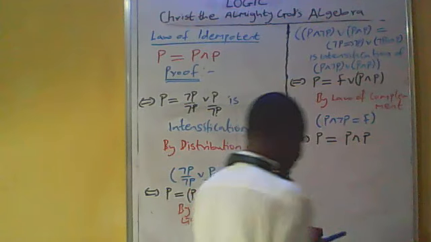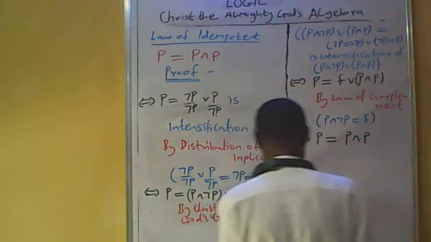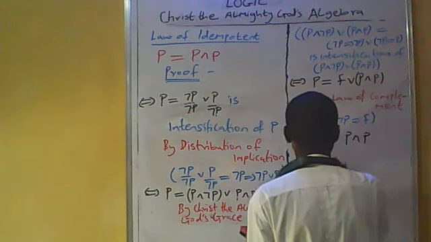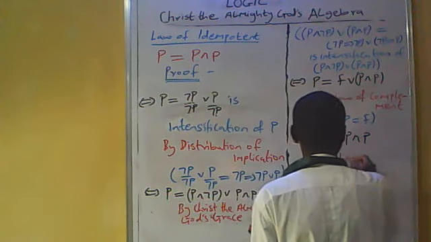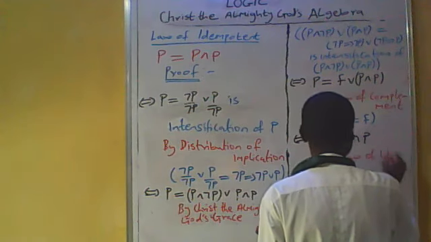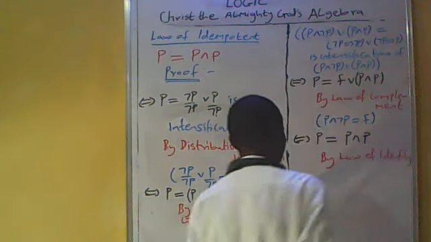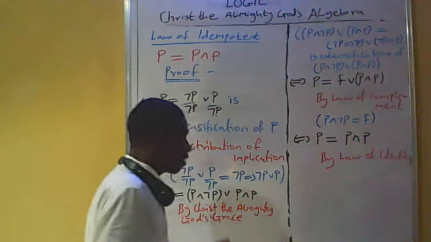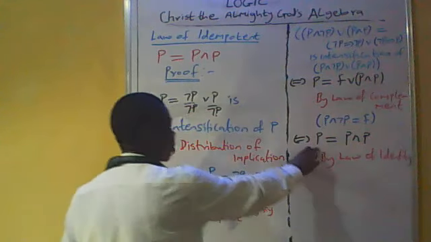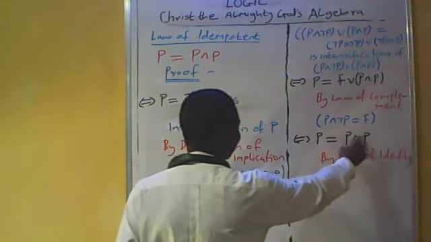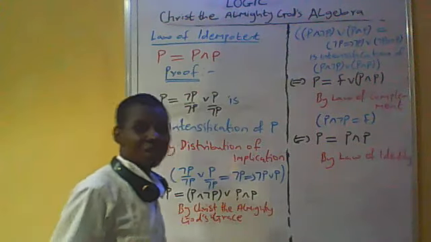So it is just fine by the law of identity. We then conclude, we have now proved that P is equal to P and P. That is our thesis. We have now proved it.